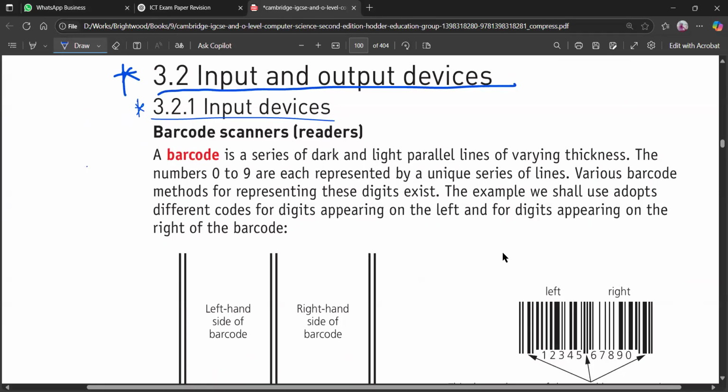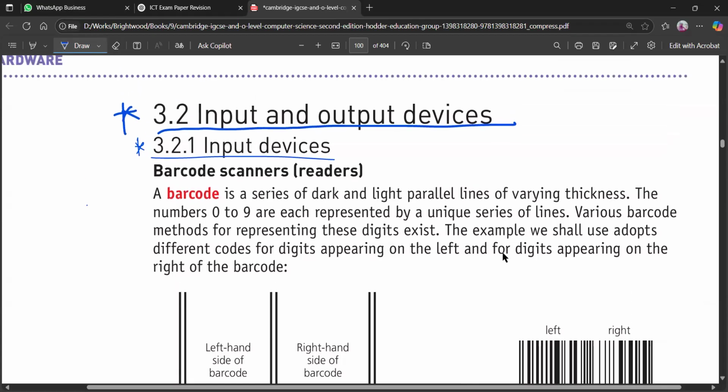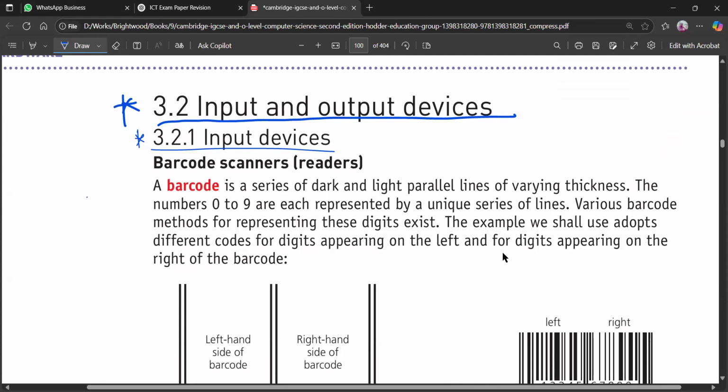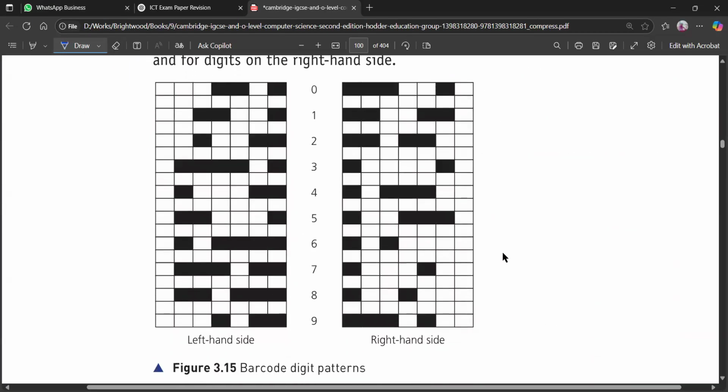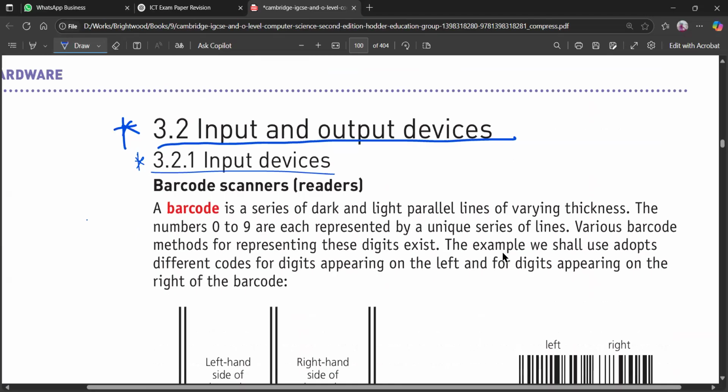So what do we use input devices for? Input devices are for inputting data into the computer. If you want to input data and information into the computer, we use input devices. For example, keyboard, mouse, barcode readers. We use input devices to input data into the computer.